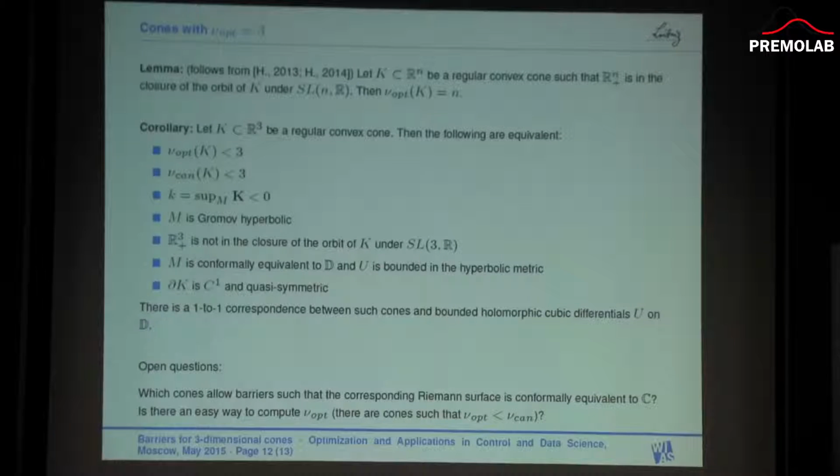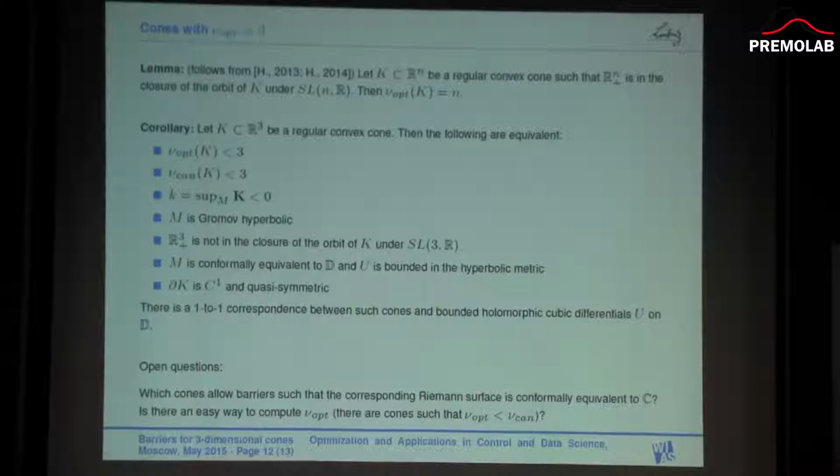The canonical barrier has a parameter smaller than 3, or the level surface is conformally equivalent to the disk and the cubic form is bounded, or the boundary is quasi-symmetric. And moreover, there is a bijective correspondence between the isomorphism classes of these cones and the isomorphism classes of bounded holomorphic functions on the hyperbolic disk.